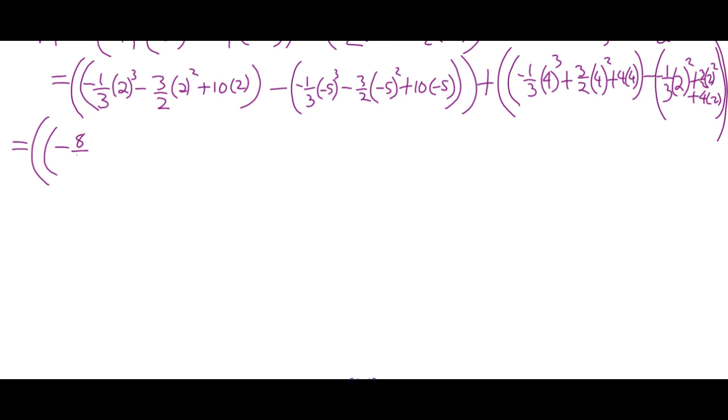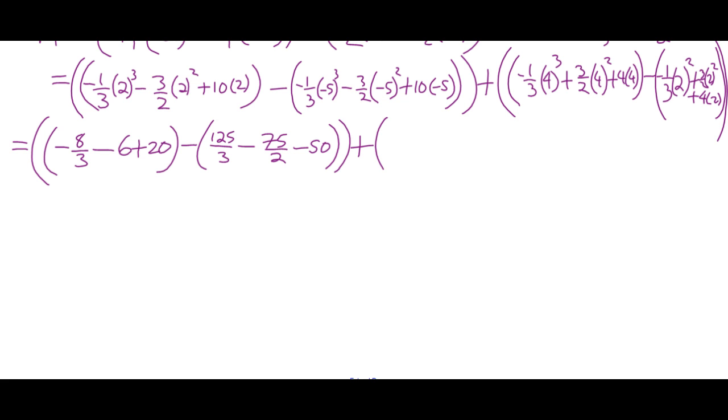Negative 8/3. What could go wrong? 4, 2, 4, minus 6, plus 20, minus 125 thirds. That's going to be minus 25, 75 over 2, minus 50. Okay, so that's going to be a plus 50, right? Area-wise, when it all comes out.